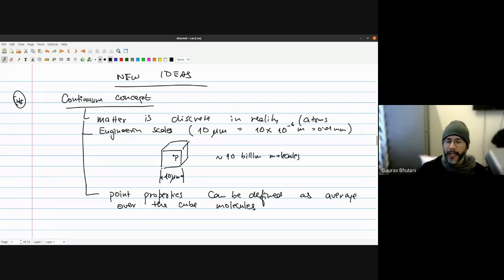So the space in reality is not continuous; it is discrete. But we come up with this continuum concept as a hypothetical concept. What we say is that to define a property at a point, we'll average the properties of the molecules in a cube of a certain small size. So that will help us define point properties.